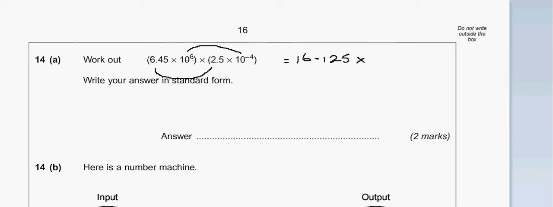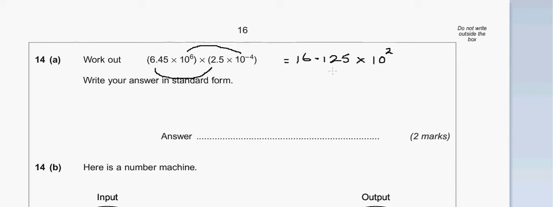Now remember, if we multiply numbers with indices, we add the indices. So 10 to the 6, if we add 10 to the minus 4, 6 minus 4 is 2. So we get 10 to the power of 2.